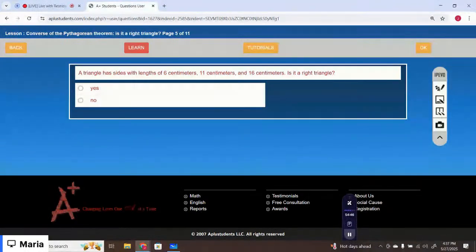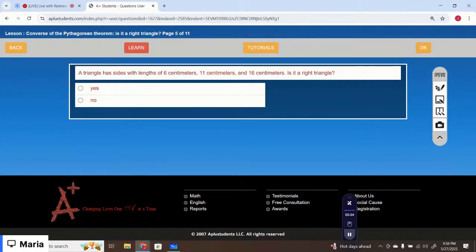A triangle has side lengths of 6 centimeters, 11 centimeters, and 16 centimeters.